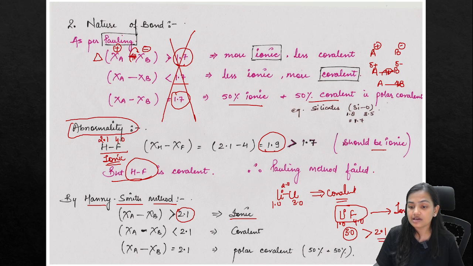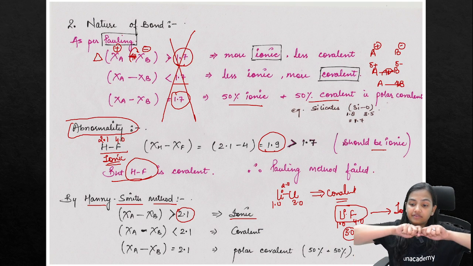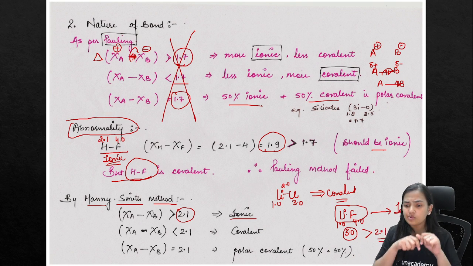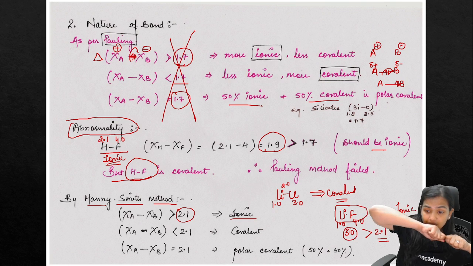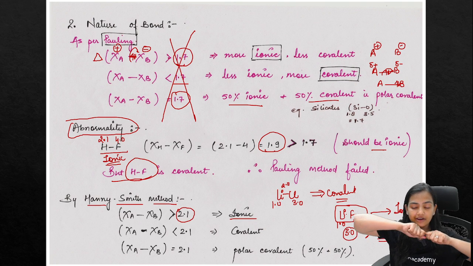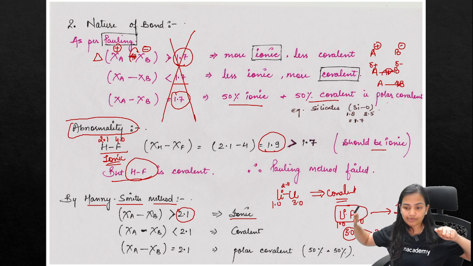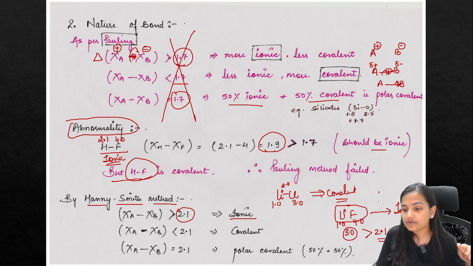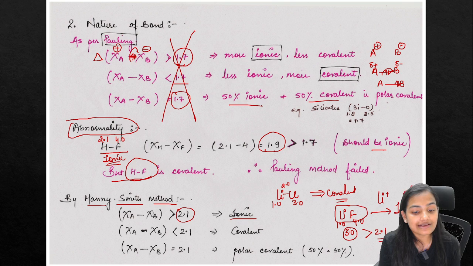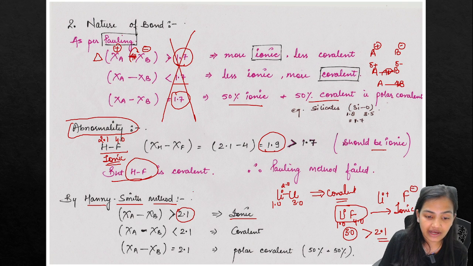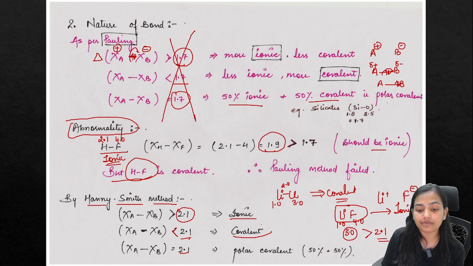It's very obvious if they have so much electronegativity difference. Lithium is very poorly electronegative and fluorine is highly electronegative. So because of its relative strength, fluorine will pull the shared pair of electrons towards itself, and this will become Li positive and this will become F negative. This is what Hannay-Smith says. He has given the value 2.1. If the difference is less than 2.1, it will remain covalent.